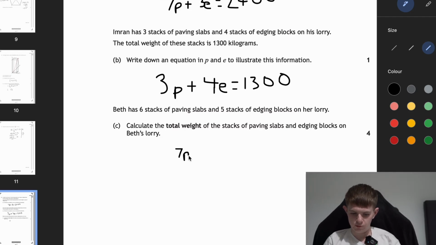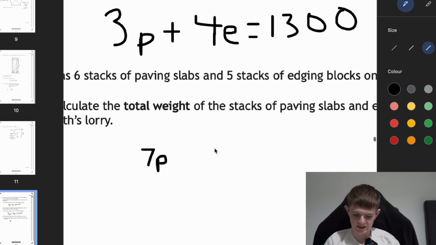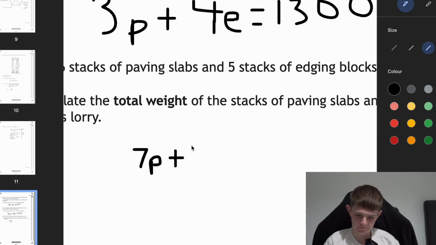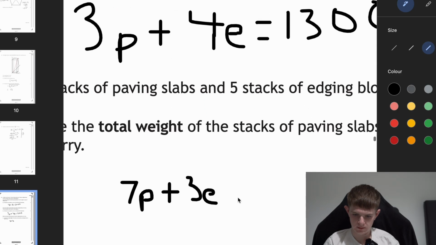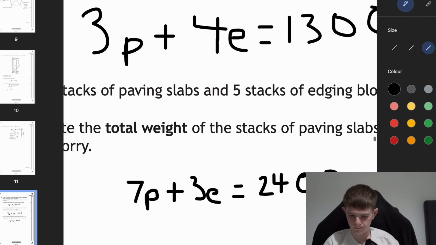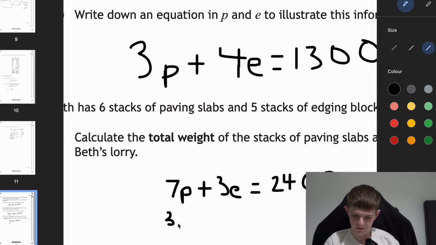We're going to write out both of the equations again, just so it's nice and neat. 7p add 3e, which equals 2,400. And then 3p add 4e, which equals 1,300.